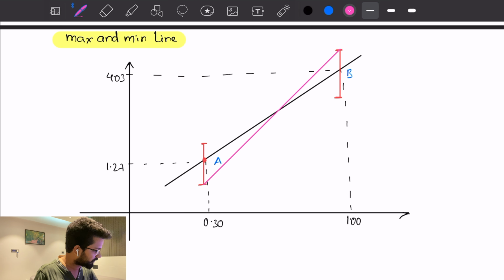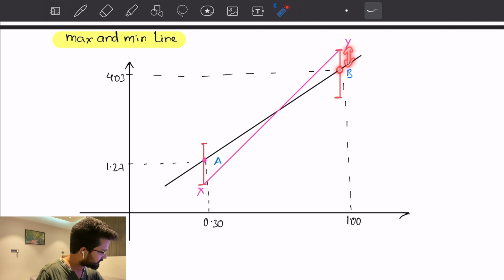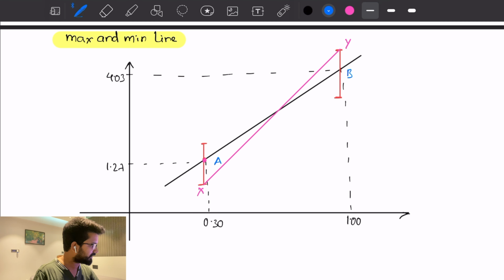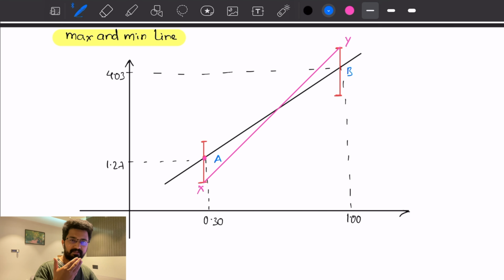I'm going to call this coordinate over here x and this coordinate over here y. How can I get the coordinate x? Simply, I subtract the error bar length from the T square value. Over here, I add the error bar length to the T square value. Very simple, right? Now, how do I get the line with the minimum slope?